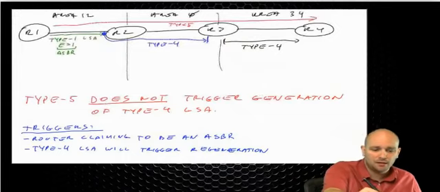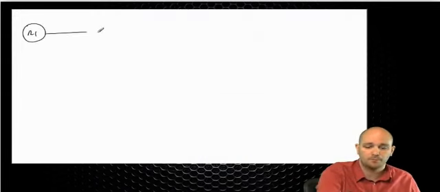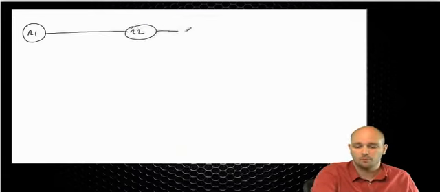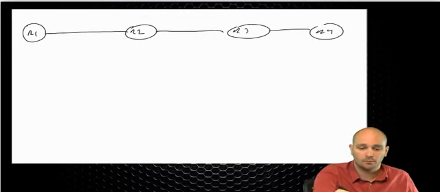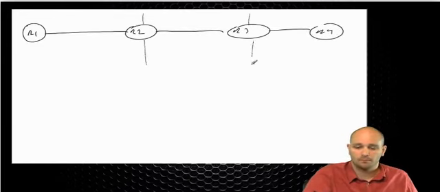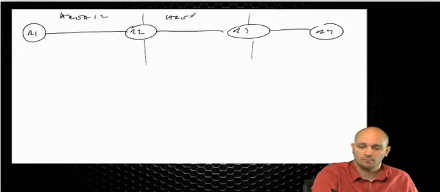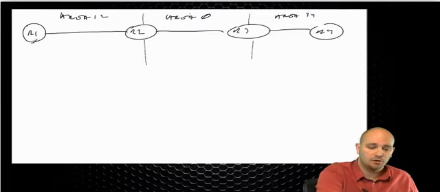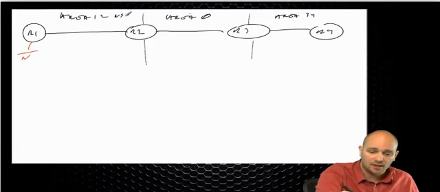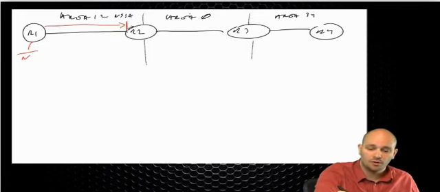So if we take a look at our network again, so again I have R1, R2, R3, and R4. Let's say that here we are redistributing some network N, and this is now actually NSSA area. This type 7 LSA is going to reach this point here.